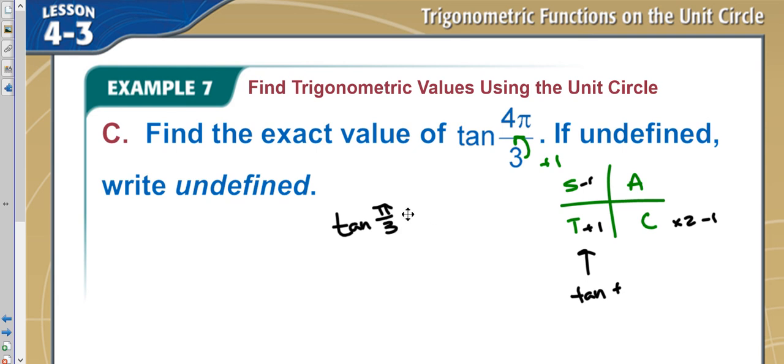So we go to our hand. Pi over 3 is our index finger, or pointing finger. We bend it, we flip our hand. I have 3 fingers on top, 1 below the bend. Tangent is y over x. So square root of 3 fingers on top, square root of 1 finger below, which reduces to square root of 3 divided by 1, or simply square root of 3. And it's positive because it's in the third quadrant.